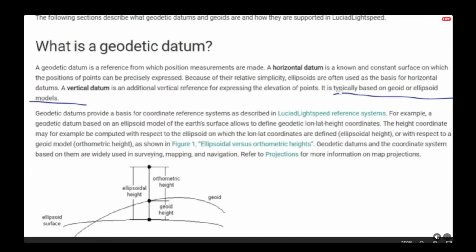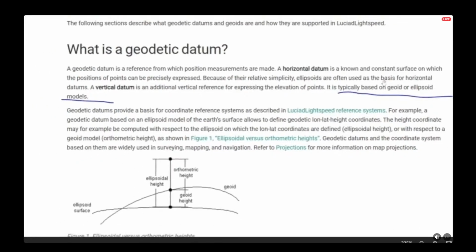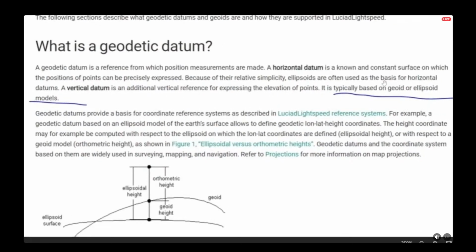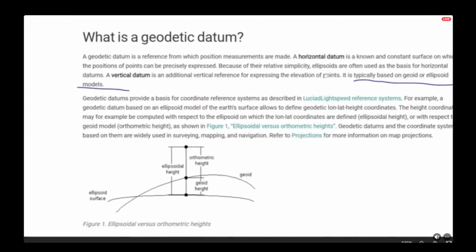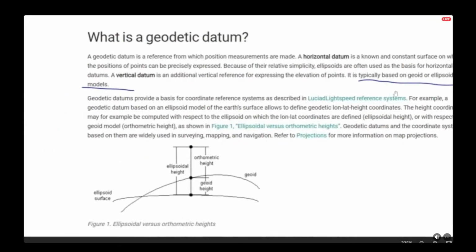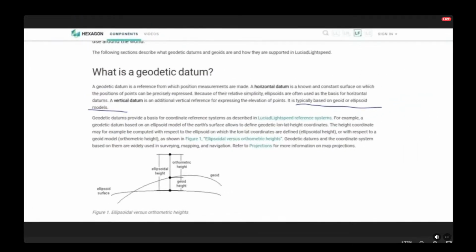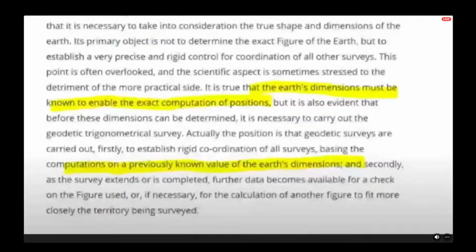Vertical datum is an additional vertical reference for expressing the elevation of points. It is based on a geoid or ellipsoid model. So it seems that they've already started by assuming an ellipsoid, and then, oh look, there's the geoid, the geoid height, the ellipsoidal height, the ellipsoidal surface. So yeah, it looks like we're starting off on the right foot.